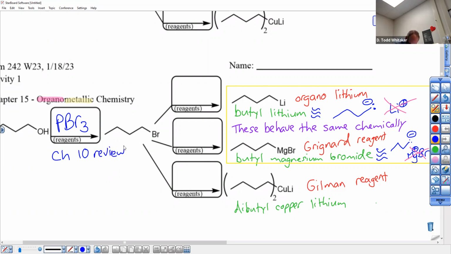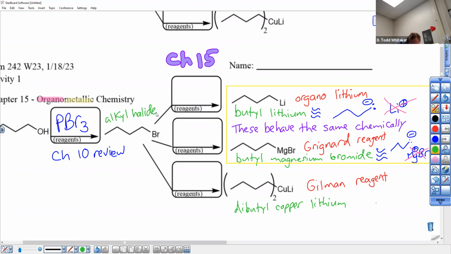This is chapter 15 here. You want to make an organolithium from an alkyl halide. This has to be an alkyl halide or you can't do this reaction. Can't do it from the alcohol? Nope. That's why we had to make the alcohol into this first.